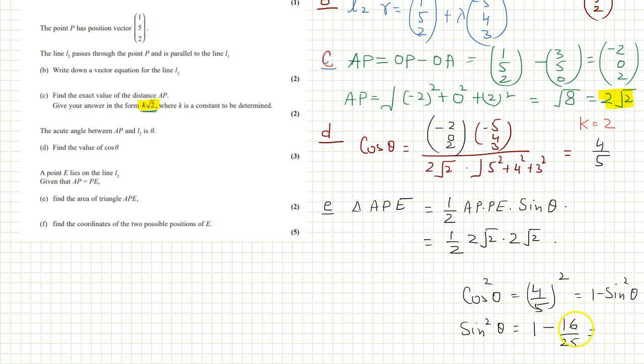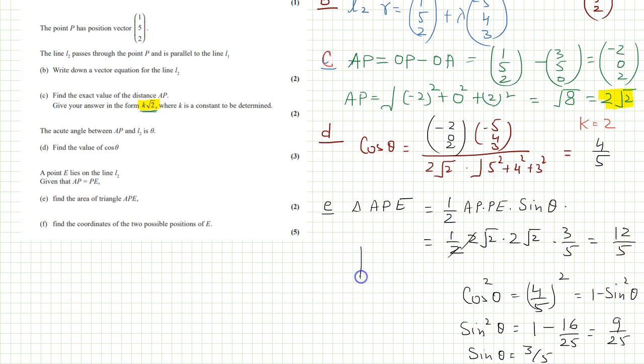That is 25 minus 16, 9/25. So sin theta will be 3/5. So multiply 3/5. So 2 and 2 cancel. This is 2 times 2 is 4 times 3 is 12/5.